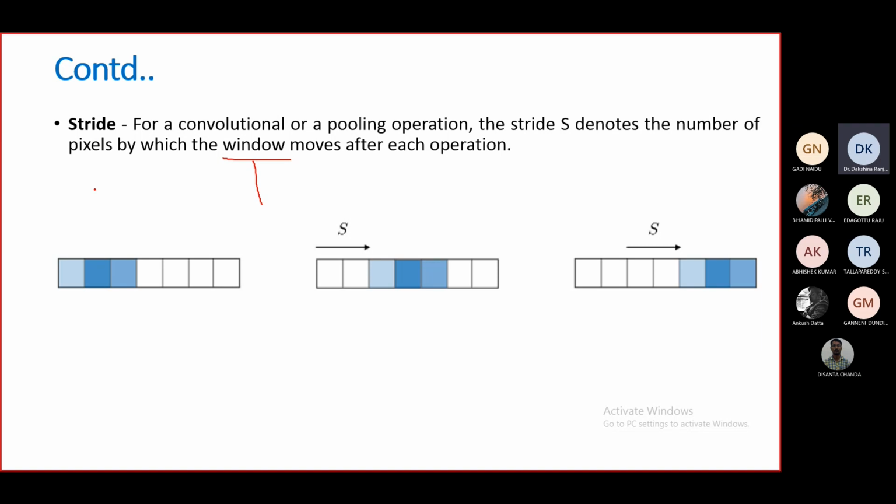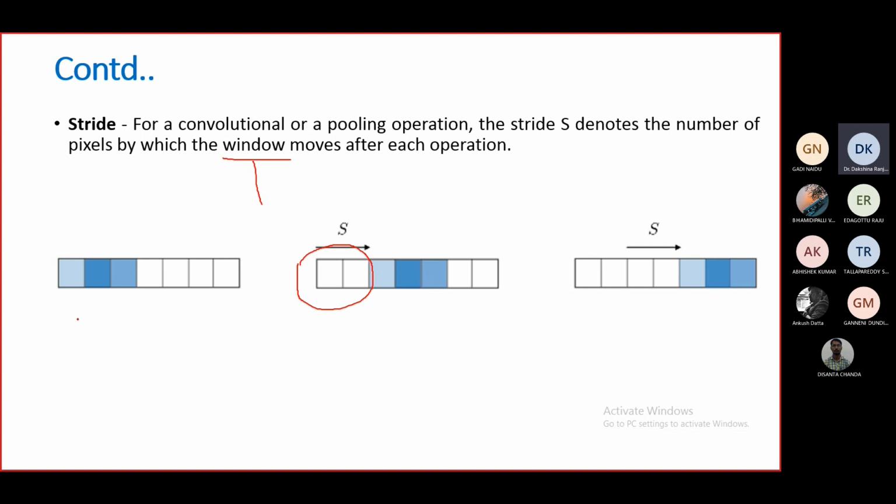Let us consider a 3 by 3 filter, and here we have considered a stride dimension of 2 pixels.